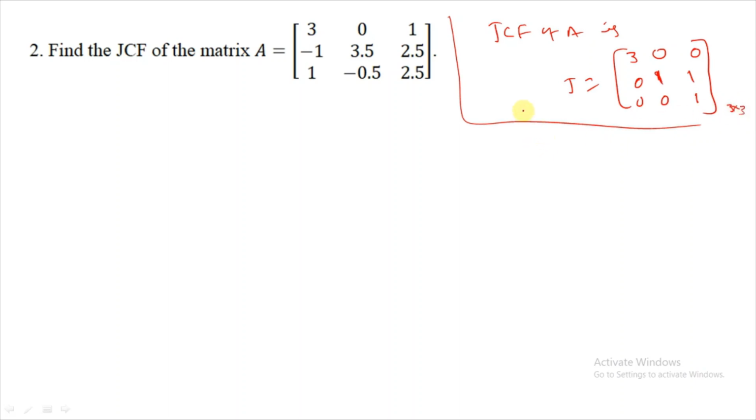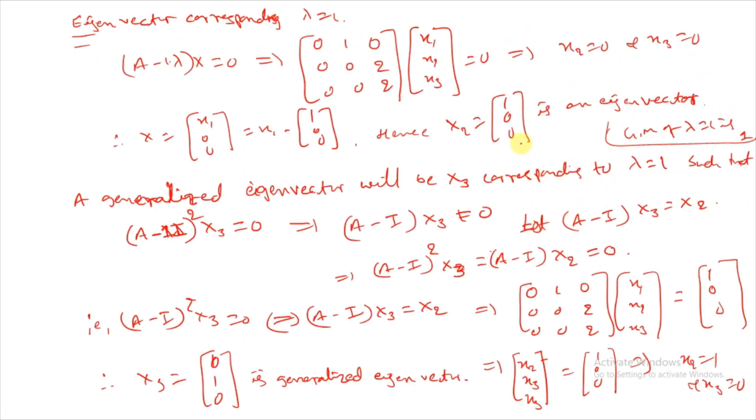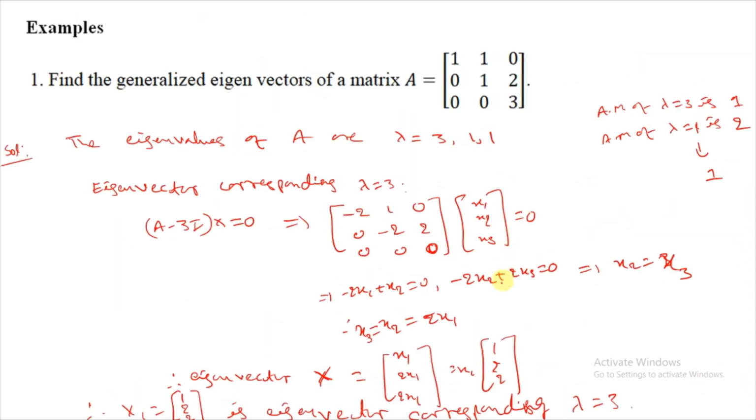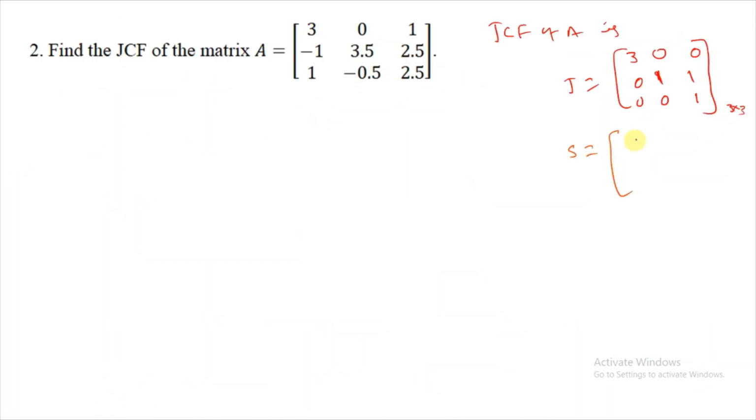Now where S is the matrix. In this case, what is the S matrix? S equal to the eigenvectors. First eigenvector is 1 2 2. Whatever eigenvalue you write first, the corresponding eigenvector is the first column, 1 2 2. Second column is the first eigenvector 1 0 0.